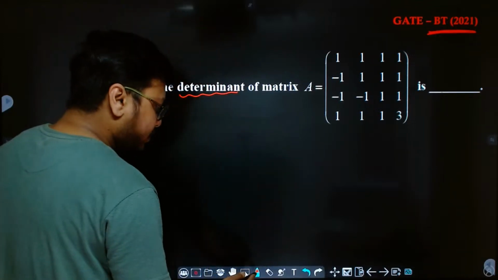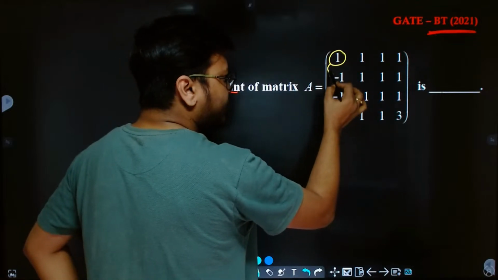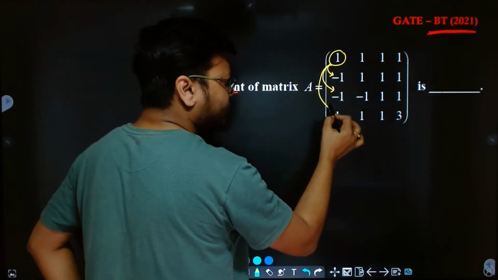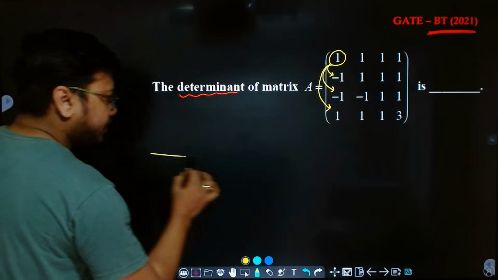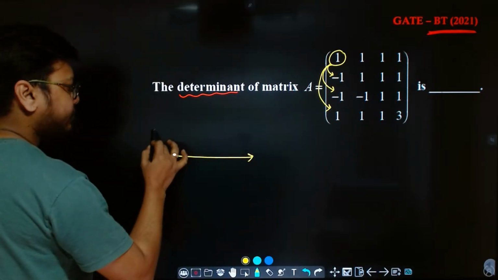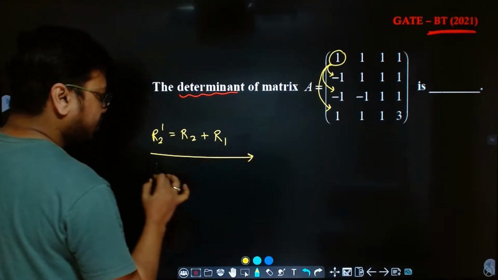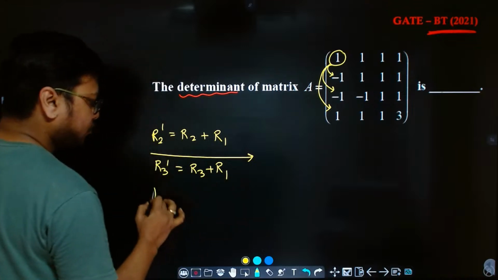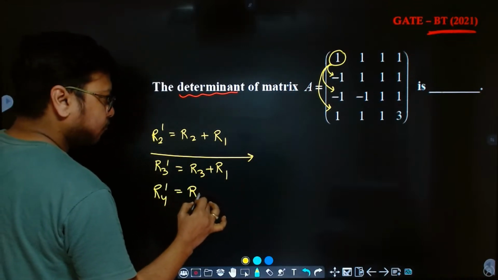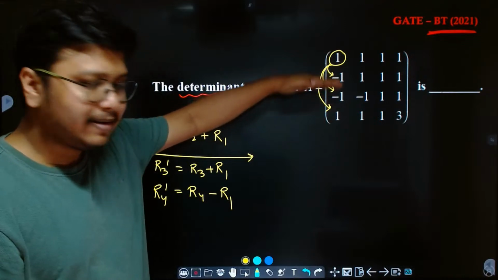So what we can do is like we can use this one to make this position, and this position 0 by doing some row operations, right? So we can do some operation like this, that row 2 dash equals to row 2 plus row 1, row 3 dash equals to row 3 plus row 1, row 4 dash equals to row 4 minus row 1, so that I can make all these elements 0.